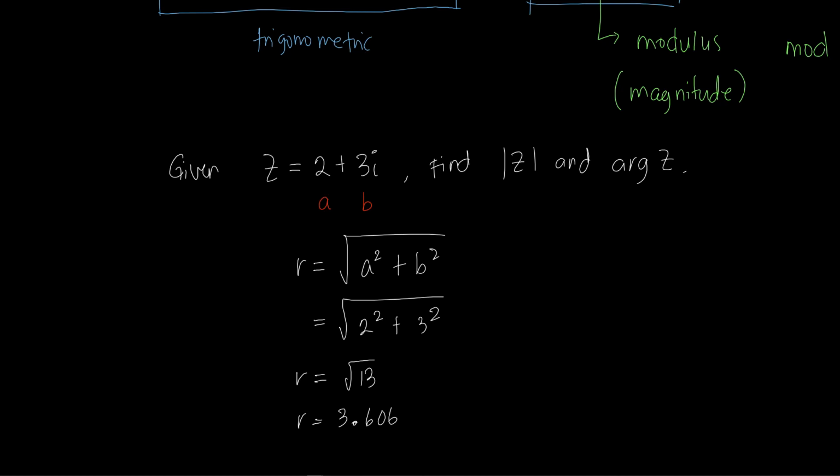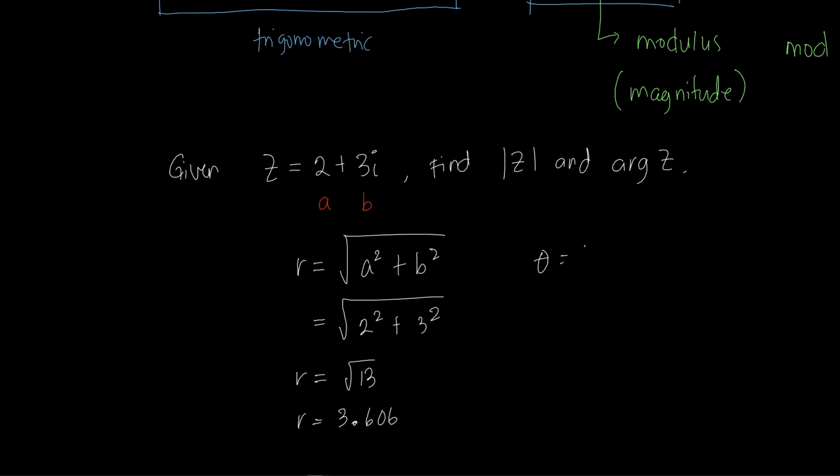Please calculate. Okay, 3.606. So we have obtained the mod of z.